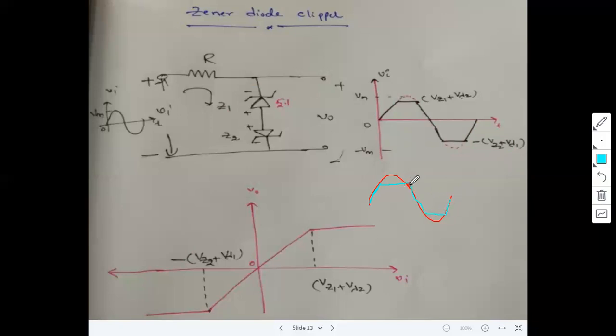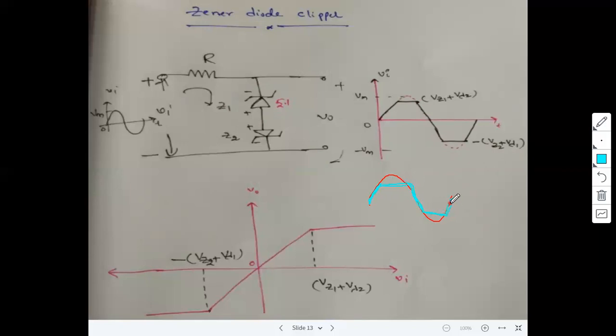By observing the input and output waveforms, right? We can say that the Zener diode clipper acts as a sine wave to square wave converter. Observe here, input is a sinusoidal, output is a square wave. If we consider the ideal values, then you will get a square wave output.